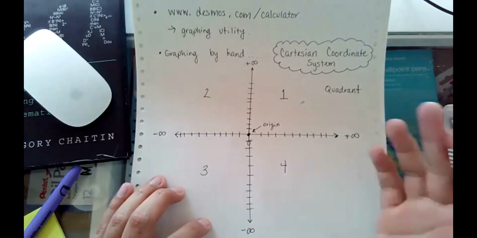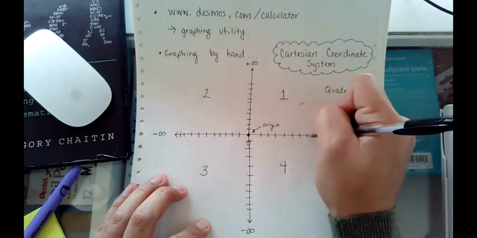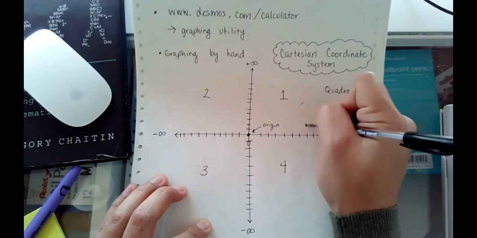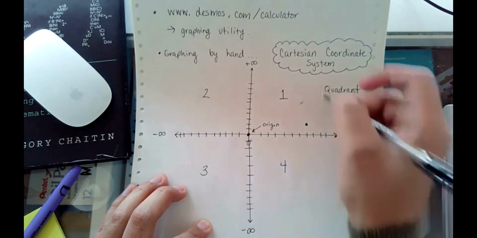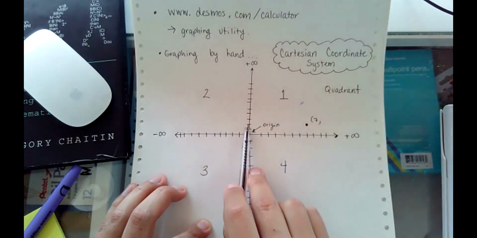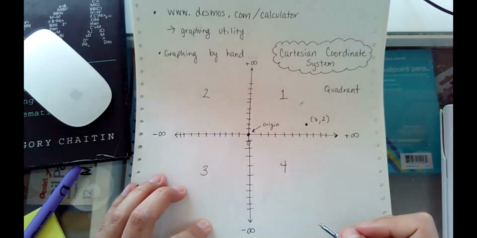If I were to randomly put a point in quadrant 1, let's say here and here, and let's say that this is 1, 2, 3, 4, 5, 6, 7 in the x direction, and it's like 1, 2 in the y direction.